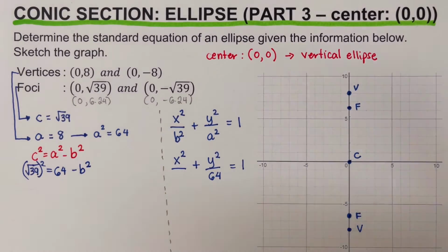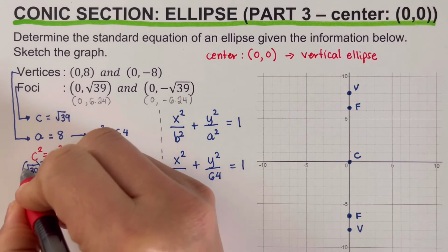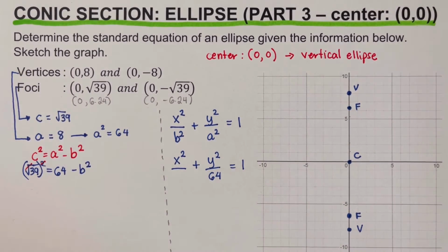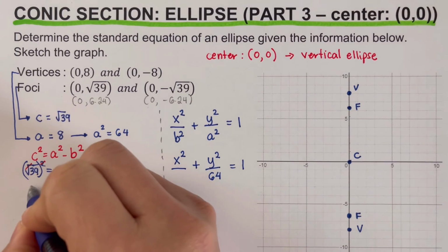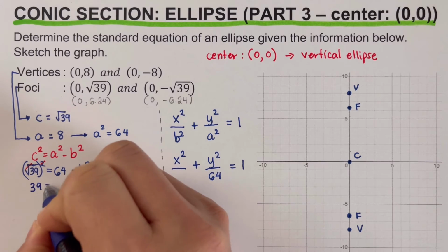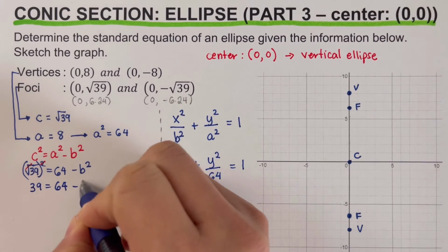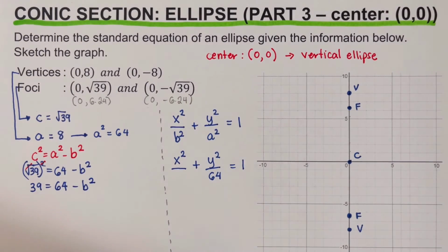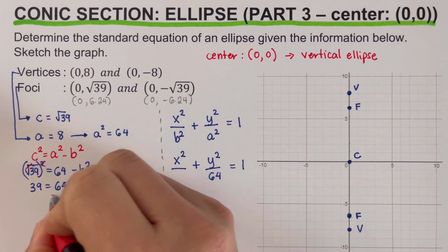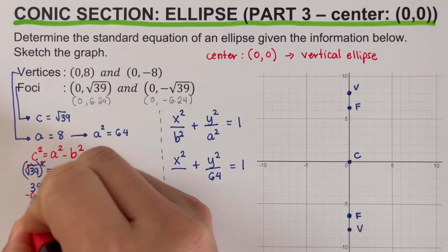Square root of 39 squared is just 39, so we can cross out the square root and the squared. We are left with 39 equals 64 minus b squared. Then we subtract 64 from both sides: minus 64 and minus 64.